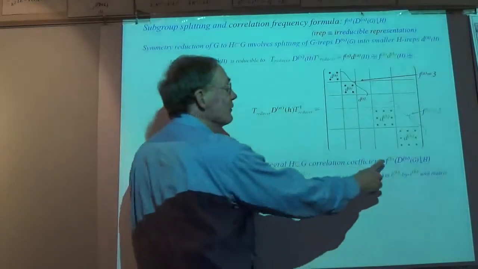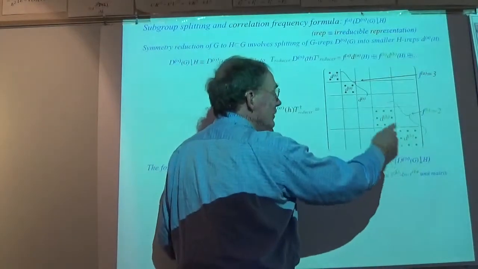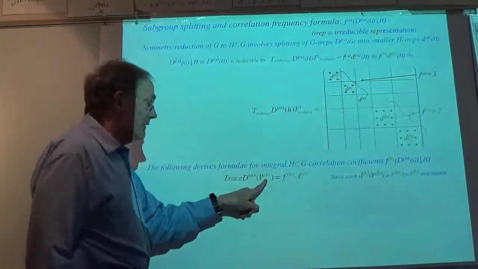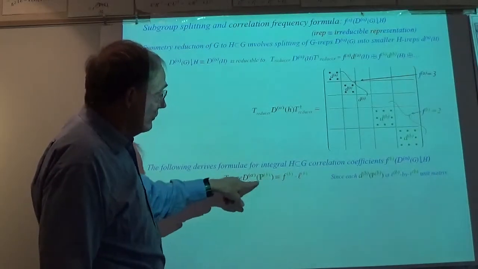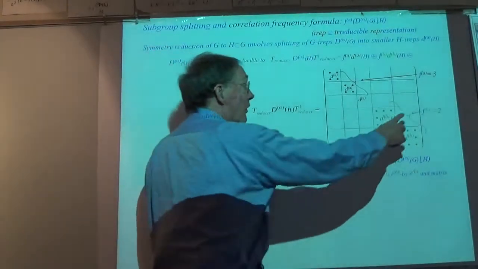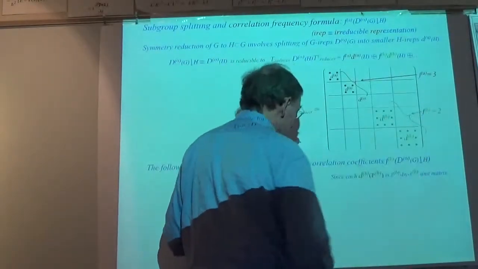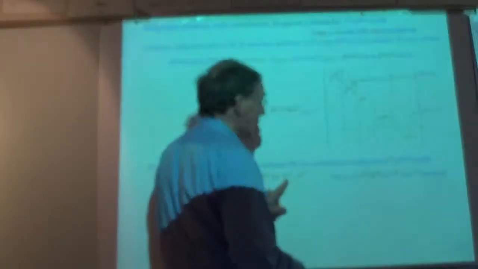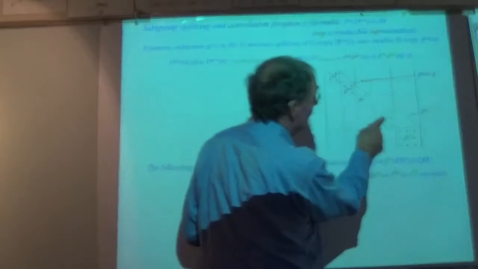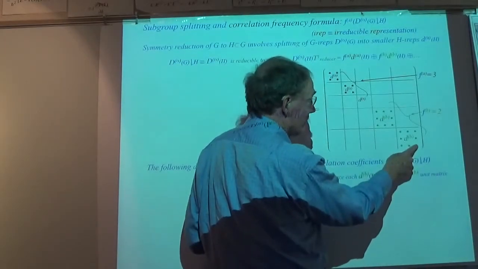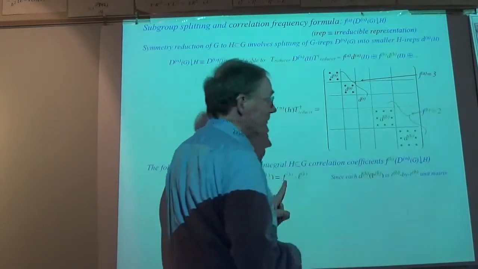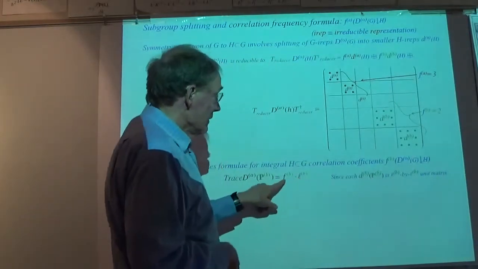We're asking for this frequency for the greenies, the B's there. Well, that trace would be the frequency number, in this case 2, times the trace of each of these unit matrices. That is, each of these would be 3, so it would be 6.